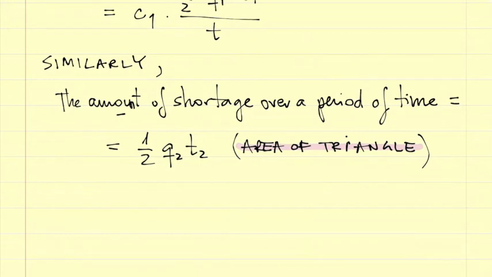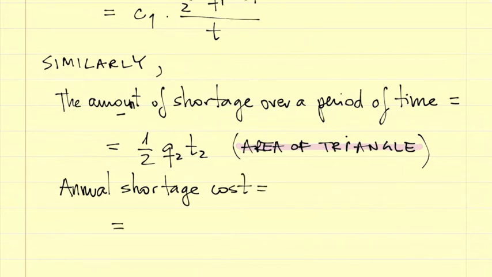The annual shortage cost equals C2 times 1 divided by 2 Q2 T2 divided by T, just the same as before, okay, same logic.